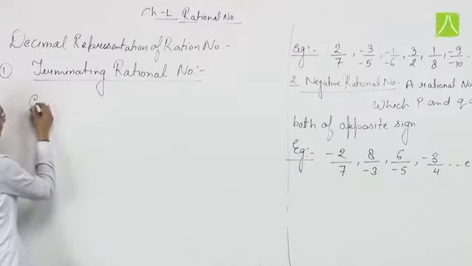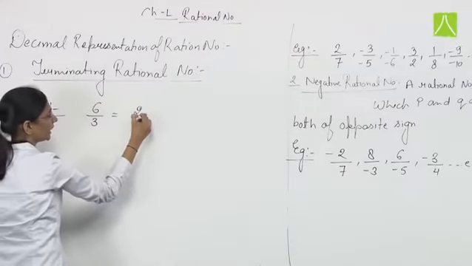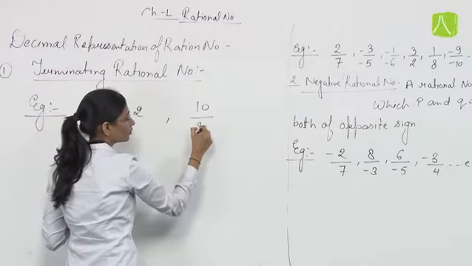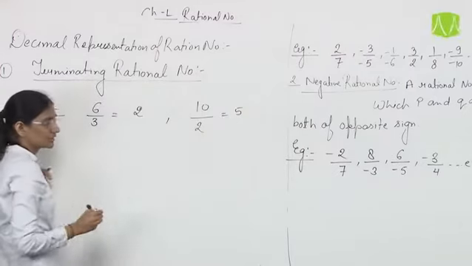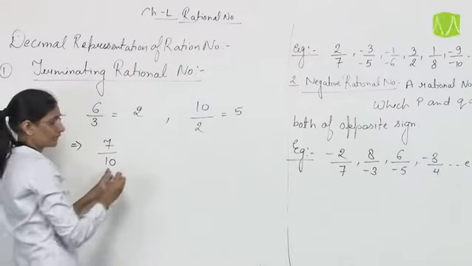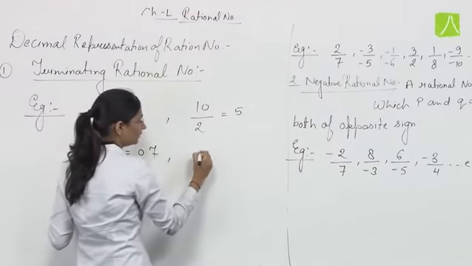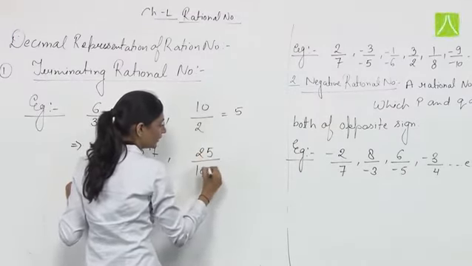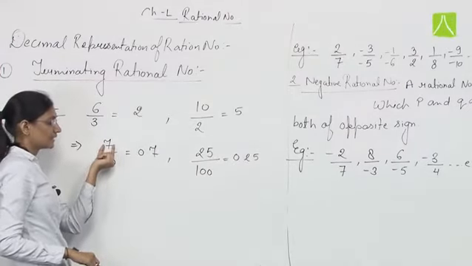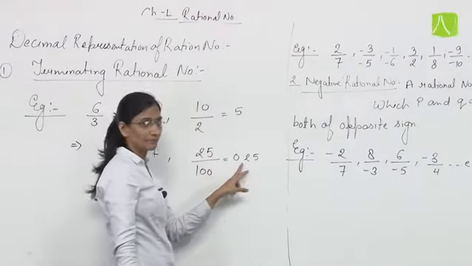For example, 6 upon 3 is 2. 10 upon 2 is 5. These are integers. Similarly, if 7 is divided by 10, then the value is 0.7, which terminates. If 25 is divided by 100, that is 0.25, which terminates. So 7 upon 10 is a terminating rational number. 22 upon 100 is terminating.